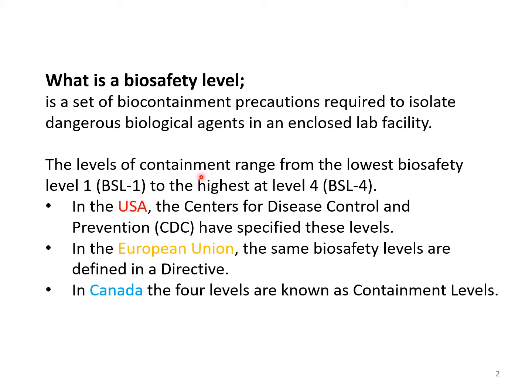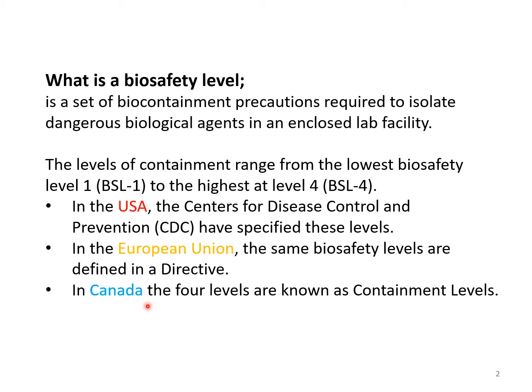These four levels are commonly used in the US, where the Centers for Disease Control and Prevention specify this distribution. But the European Union does not use the words BSL1, 2 or 4. They use the word directives, although the distribution of microorganisms into levels is the same according to severity.